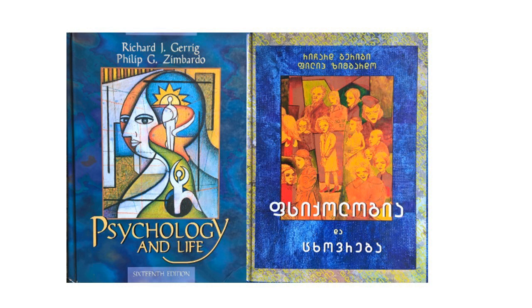R. Gerrig is a professor of psychology at the State University of New York at Stony Brook. Before joining the Stony Brook faculty, Gerrig taught at Yale University, where he was awarded the Lex Hickson Prize for teaching excellence in the social sciences.